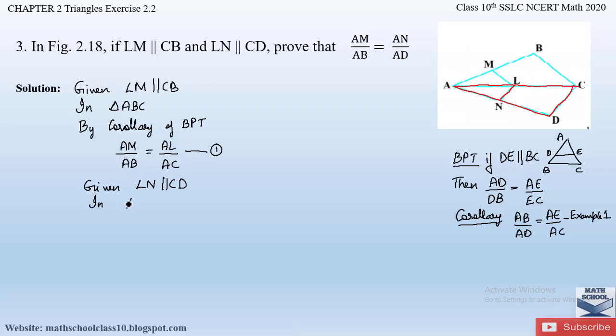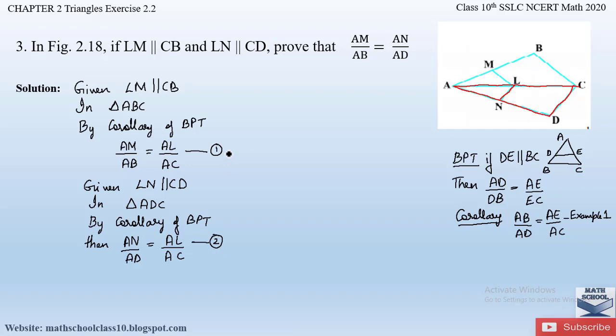So in triangle ADC, by the corollary of the BPT theorem, if any line is parallel to one of the sides of a triangle, then it divides the other two sides in proportion. So AN by AD is equal to AL by AC. Let this be equation number 2.